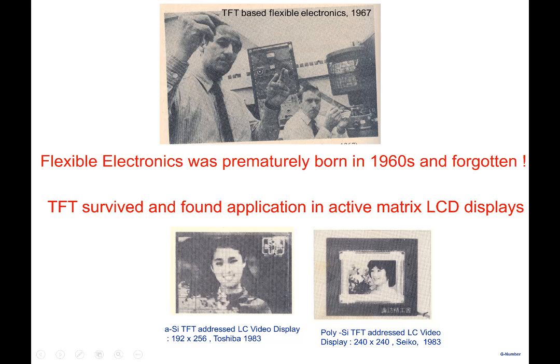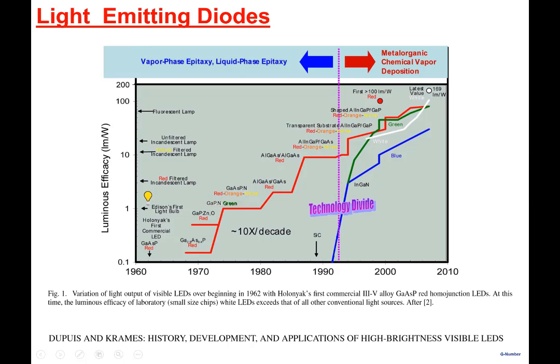This did happen on flexible substrates in the 1960s, as we said, '66, '67 and so on. But it happened at the same time that CMOS was growing, and the technology could not compete and there were no applications as such. But TFT as an element on glass survived and enabled a very important application, which is TFT LCD displays. So this was about the 1980s at that particular point of time.